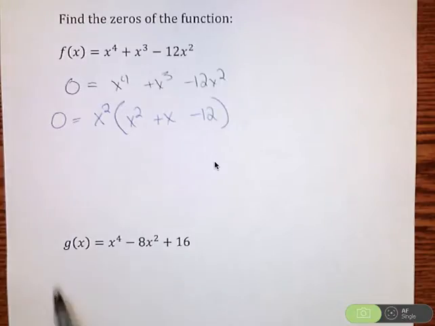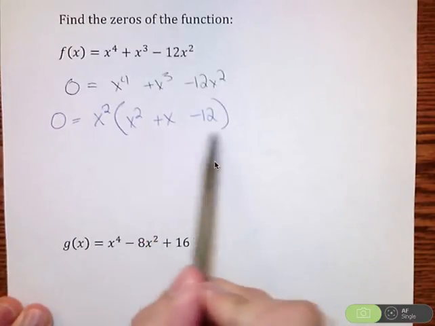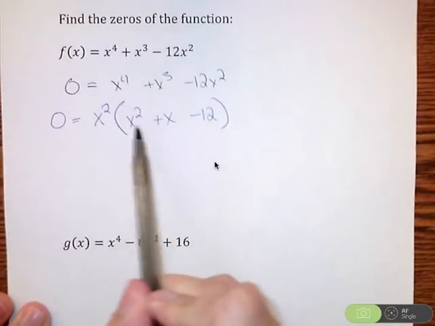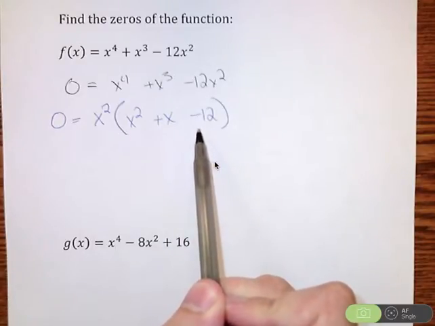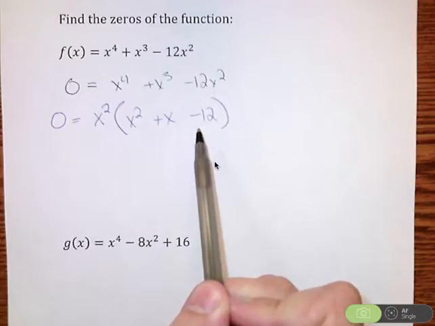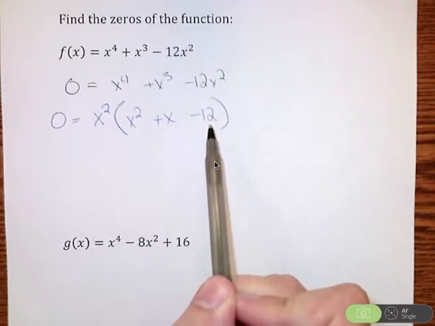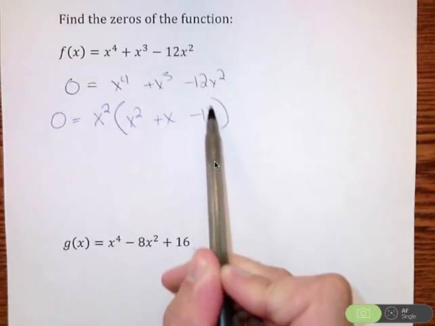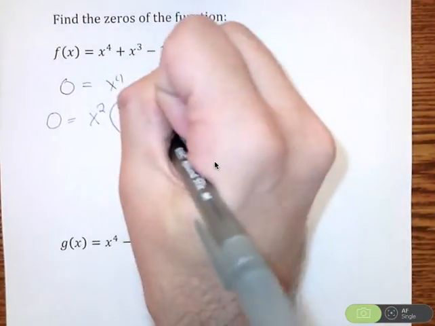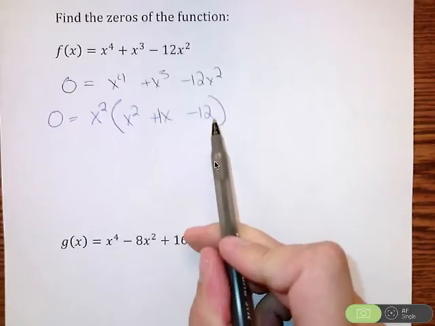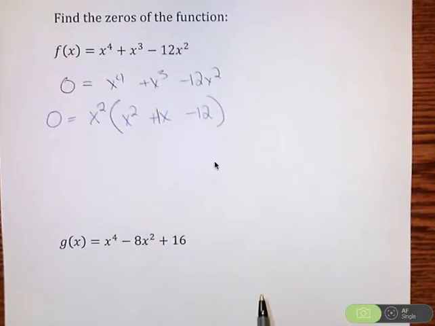Next step from there is I would like to factor what's inside the parentheses, so x squared plus x minus 12. This is where you would need to think back to all your factoring methods. I'm looking for two numbers that multiply to negative 12 but add to 1, since there is a 1 in front of the x.